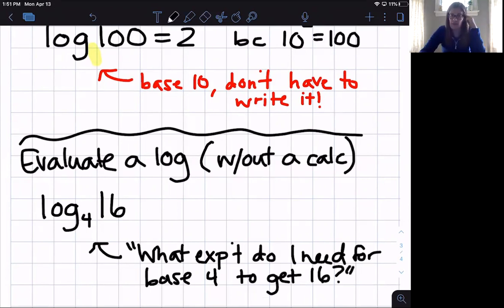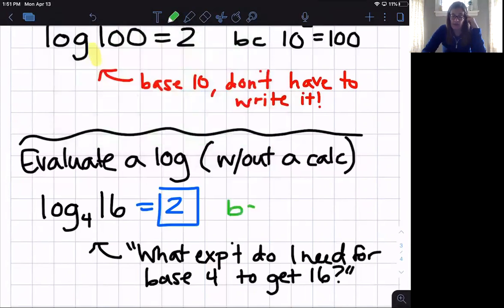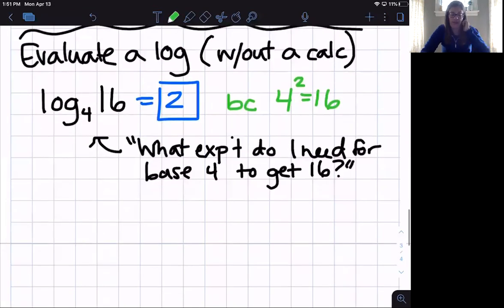Okay, what exponent do I need for base 4 to get 16? Hopefully you're thinking about that and you're saying that should equal 2. Okay, so the answer to log base 4 of 16 is 2. Now, it might be really helpful for you here, like on your homework, to write down why. Because 4 squared is 16. Yes, that makes sense.